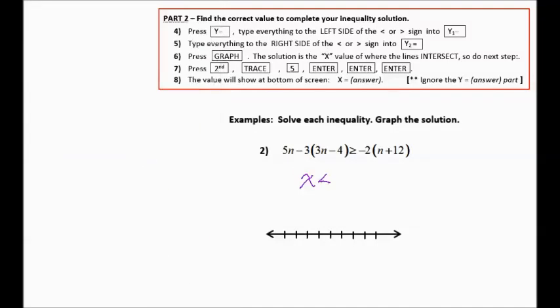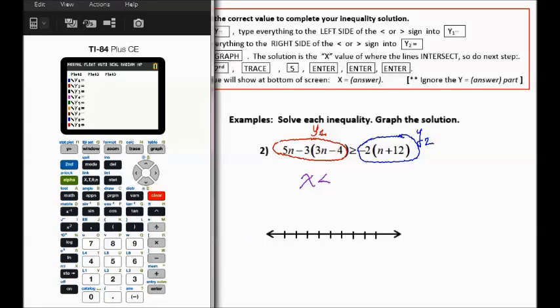We are going to take the left-hand side of the inequality and put it in y1, and then take the right-hand side of the inequality and put that in y2. So there's the left side, and there's the right-hand side of the inequality. The solution is going to be the intersection of these two lines.